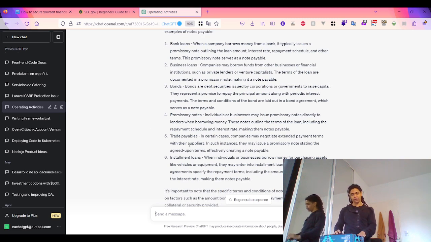When an individual or business borrows money for purchasing assets like a vehicle or equipment, they may enter into an installment loan agreement, and this agreement specifies the repayment terms, including the amount of each installment and the interest rates, making the notes payable.